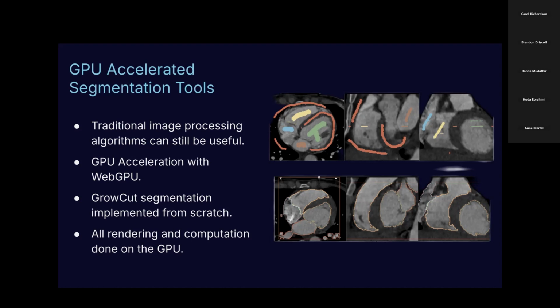The bad news is these are computationally expensive. It's very much impossible for large data sets. So what we have utilized is WebGPU, which is the next frontier for GPU computing on the web. You can think of it as a modern replacement for WebGL.